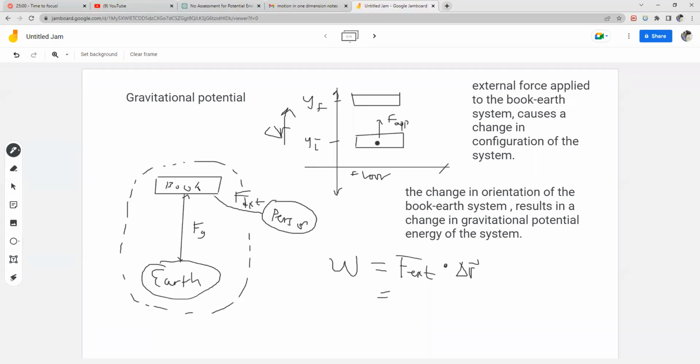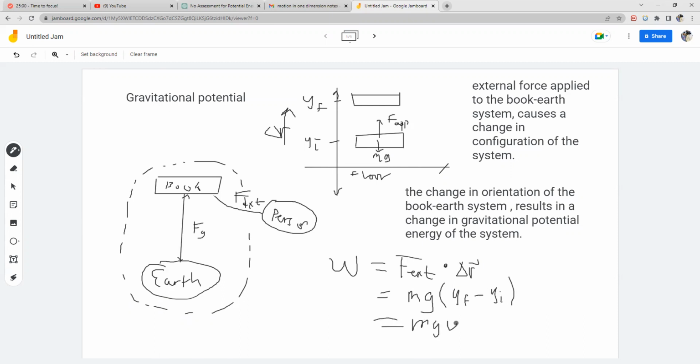And consider that the force that we apply is equal to the weight of the book, mg. We want to do that so that we can get the book going from y initial to y final at constant velocity with no acceleration.